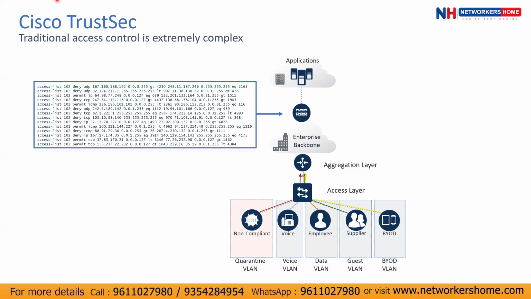So here you can see the list of access lists which we generally configure. By default, all the traffic goes to the headquarter. In headquarter, we have expensive security stuff: firewall, IPS, IDS, everything. And in that data center, we check whether this user is eligible to access that data or not.